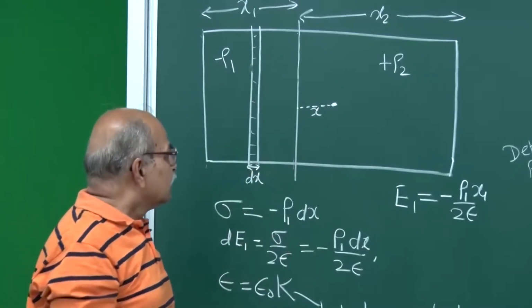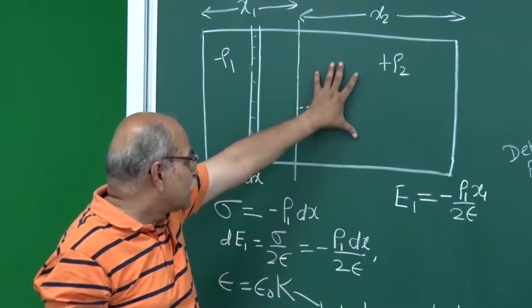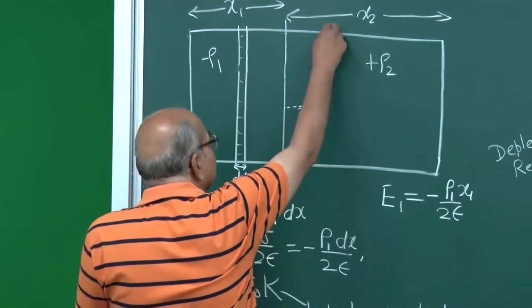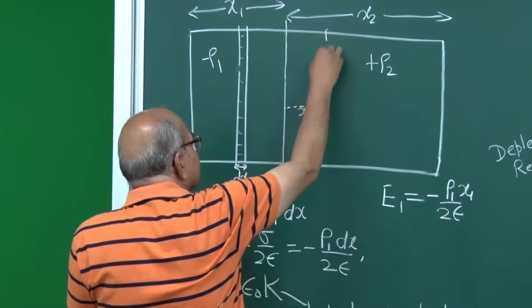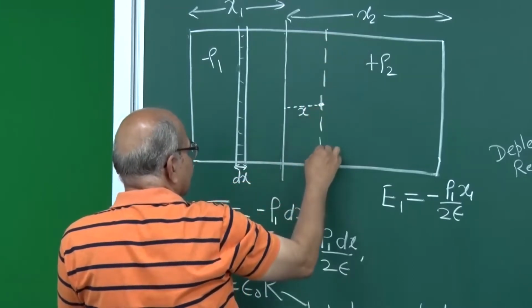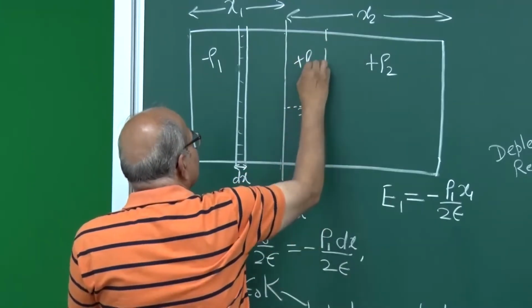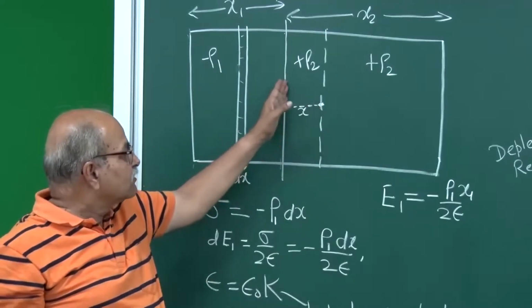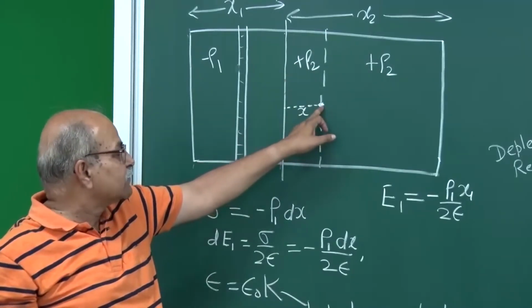Then come to the second part. Let me do it in two parts once again. Let's draw a line here, and this is all plus rho 2. First calculate the field due to this part, which is to the left of the point chosen.